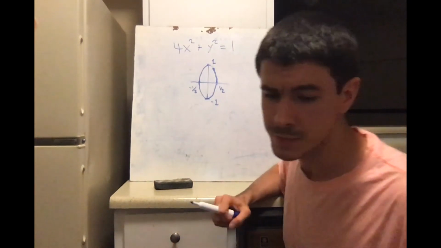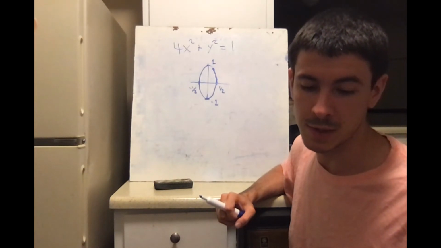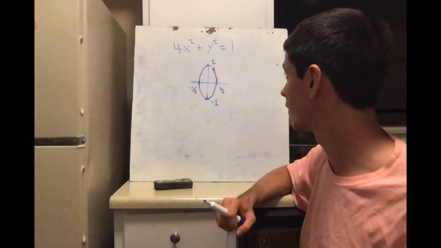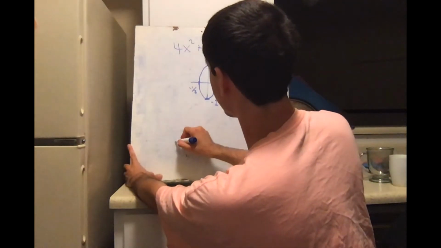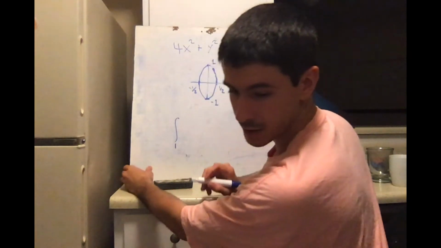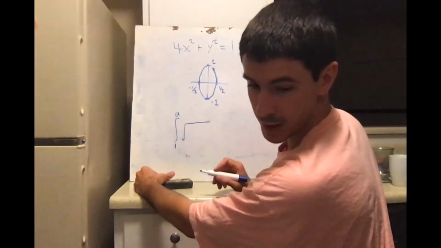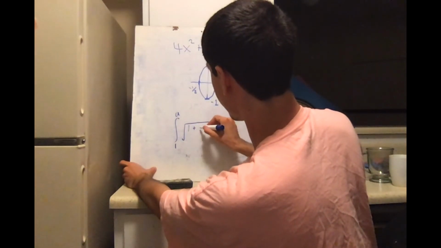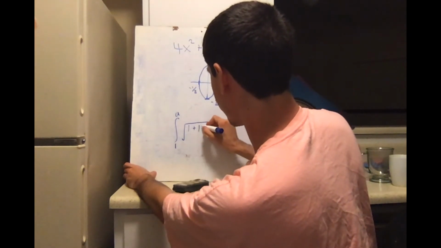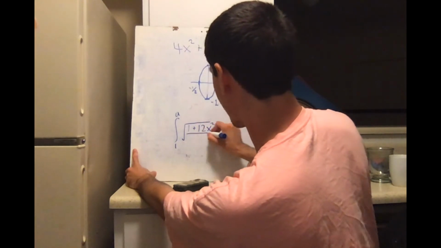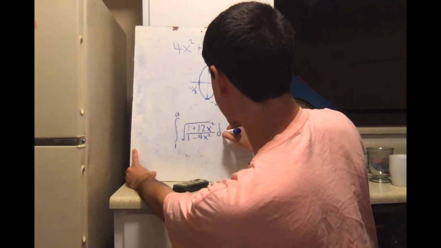I'm going to leave it as a homework problem to derive the formula, but what it is is the integral from 1 up to a of the square root of 1 plus 12x squared over 1 minus 4x squared dx.